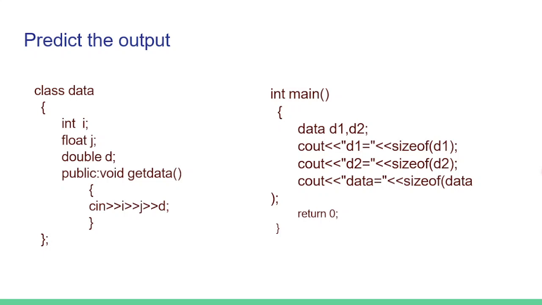Then we have the size of data, that is the size of the complete class, and that is all. So in all these cases, we'll get the same value because the memory stored is only for the variables, and for functions there is none.